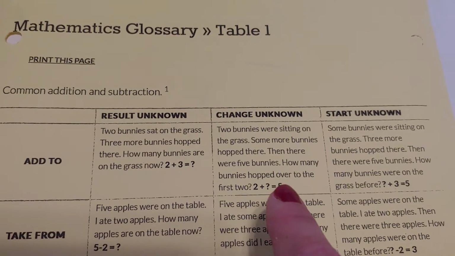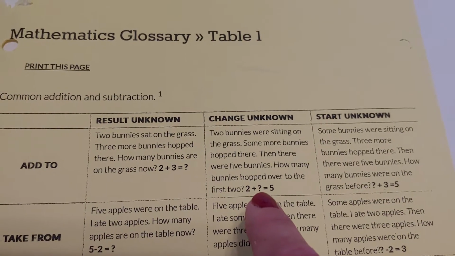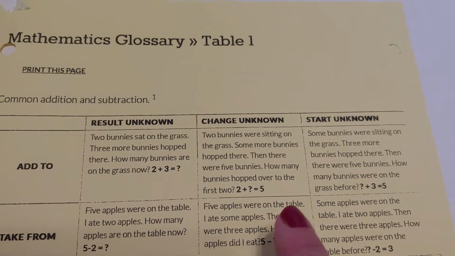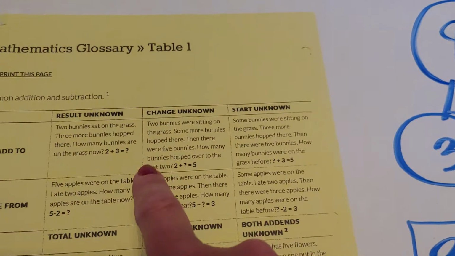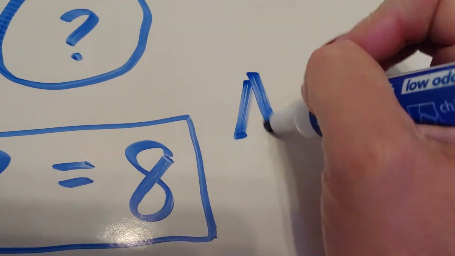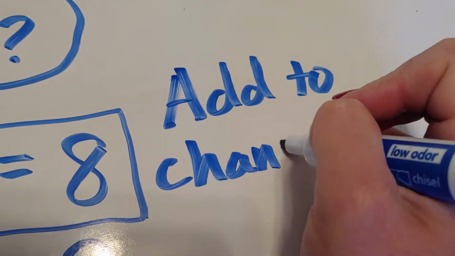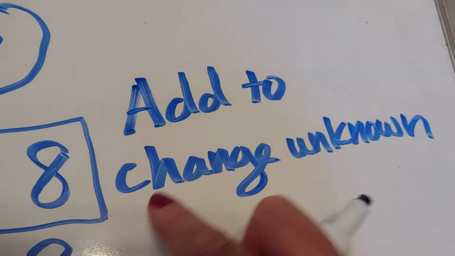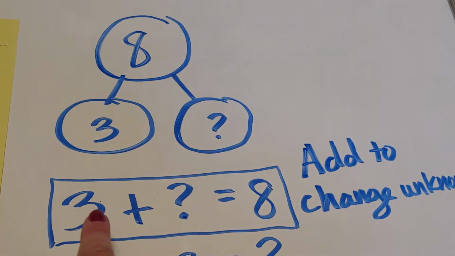I have the first, I have the last, I'm missing the in-between. Aha, that one looks like it. Or I'm missing the first, I'm adding a number and equals. Well, the way I have mine set up, if we do a little match game, this guy is going to be this guy. So this would be an example of add to, change unknown. Add to is my row, change unknown is my column. So that's the type of problem being modeled by this.